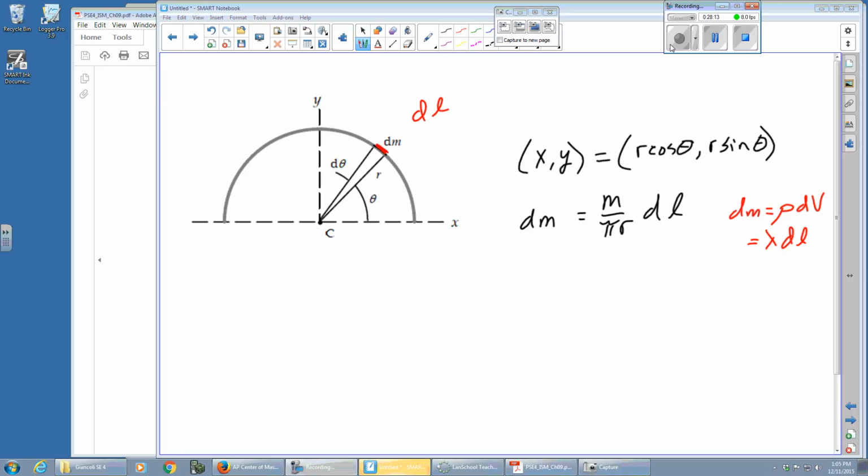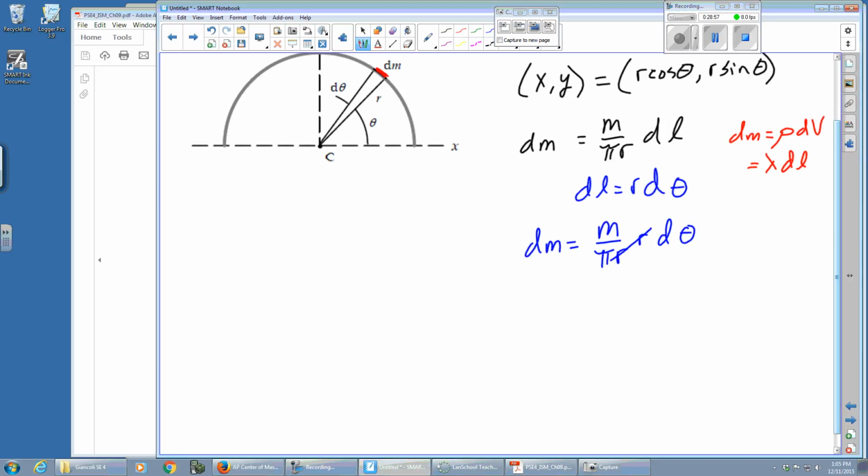And then we can also use the fact that dl is the arc length, so dl is r d theta. So dm ends up being m over pi r times r d theta. Our r's cancel.